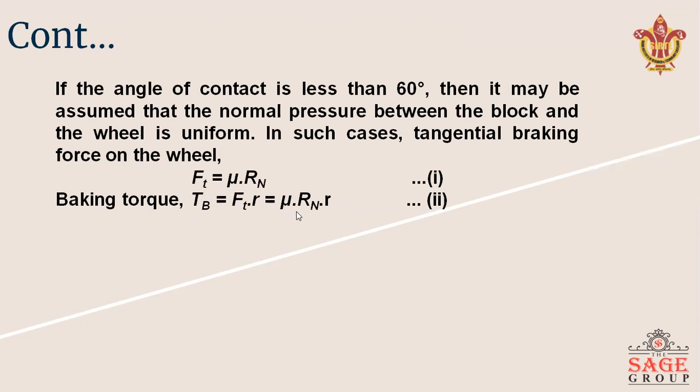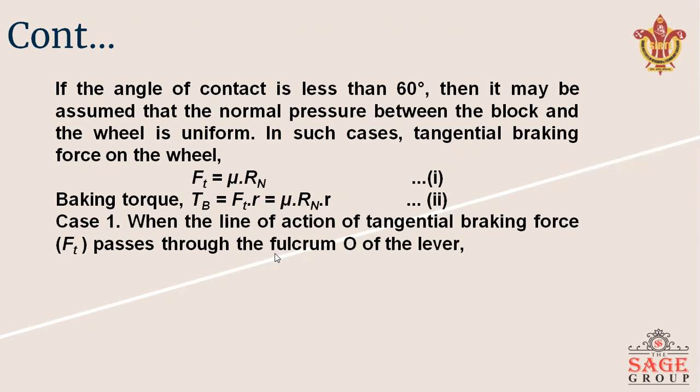In this, we have to calculate the normal reaction for solving numerical problems. Here there are three cases. Case 1: when the line of action of the tangential braking force passes through the fulcrum O of the lever.